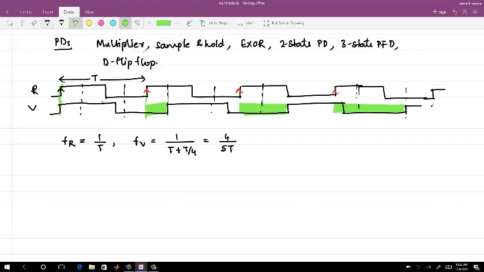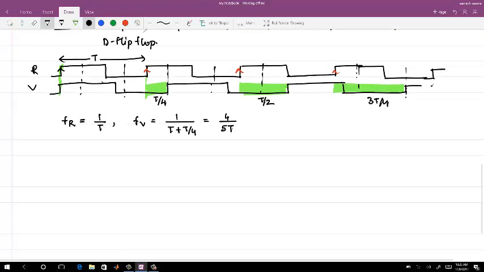So you see that if you have a frequency error between the reference clock and the output clock, your phase error keeps changing, in this particular example from T by 4 to T by 2 to 3T by 4. So this one is here, the next one should get here. Yeah, so this is 3T by 4, and it will keep on increasing.